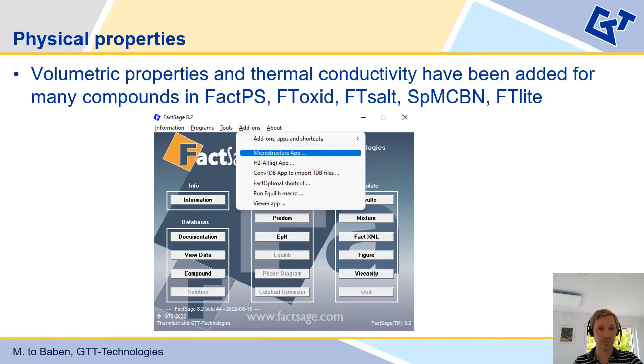And if you haven't done that yet, if you're interested in thermal conductivity, then you should try the microstructure app that you can start now from the FactSage main menu, in order to define your porosity and grain size.